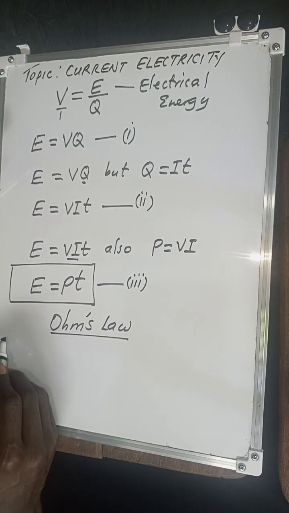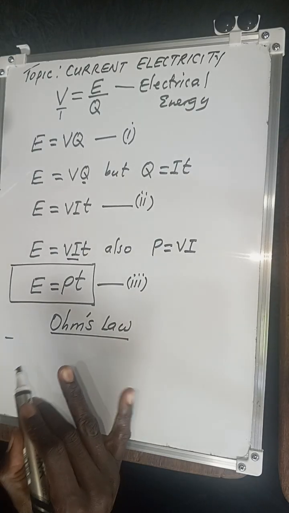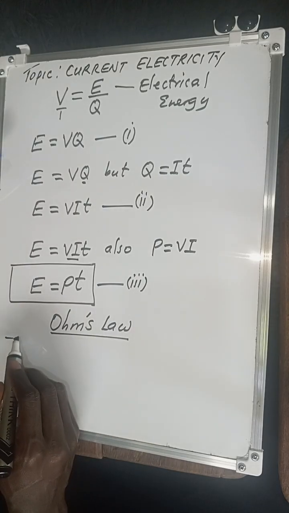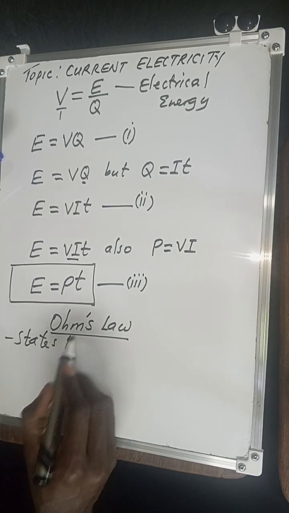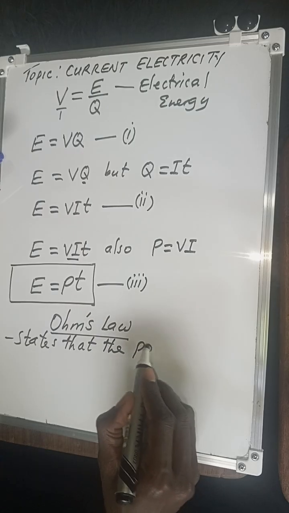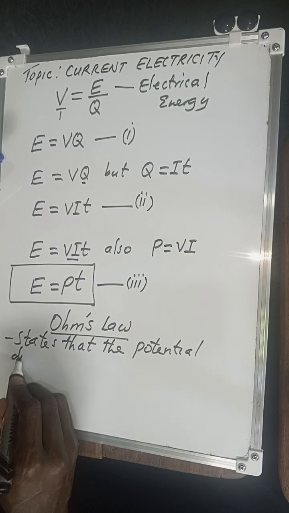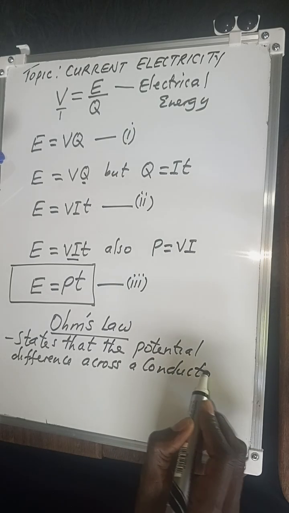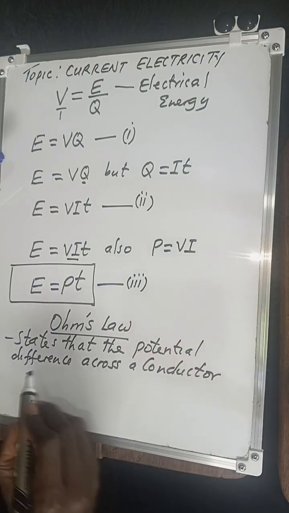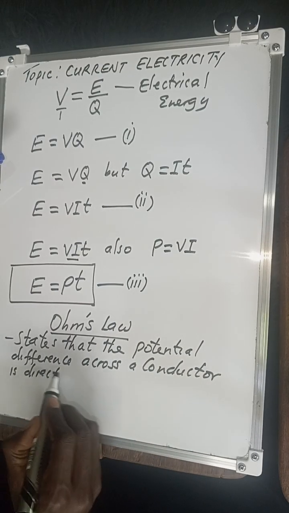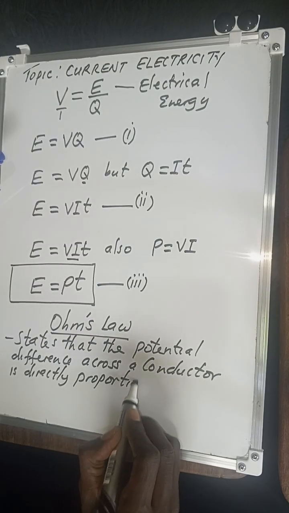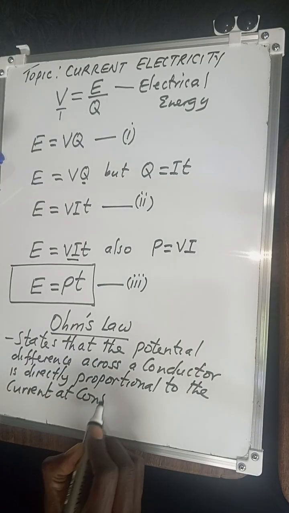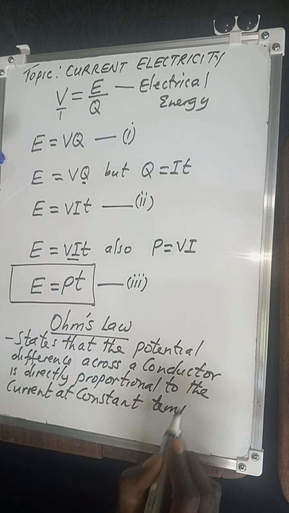According to Ohm's law, the potential difference across a conductor, in this case a conductor is a wire, a material that allows electrons to pass through it, is directly proportional to the current at constant temperature. Right, at constant temperature.